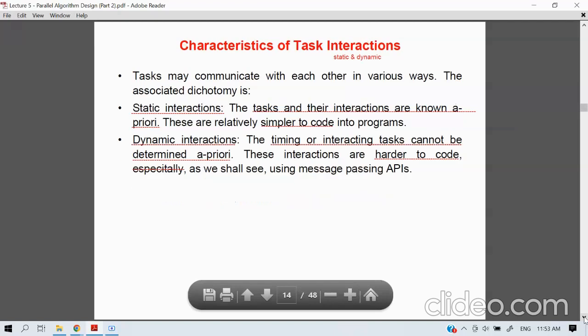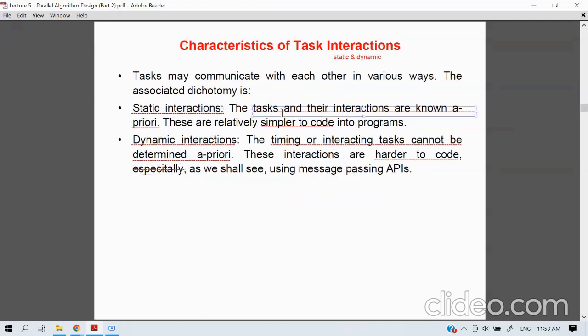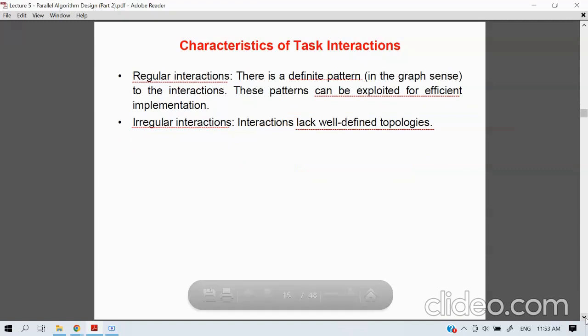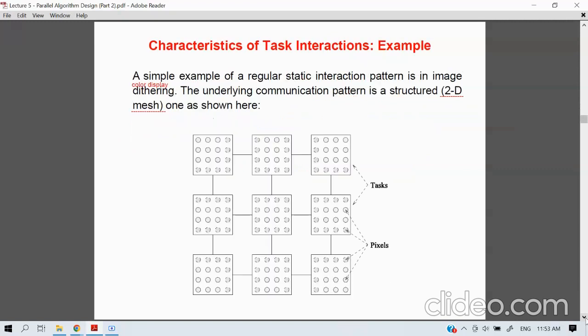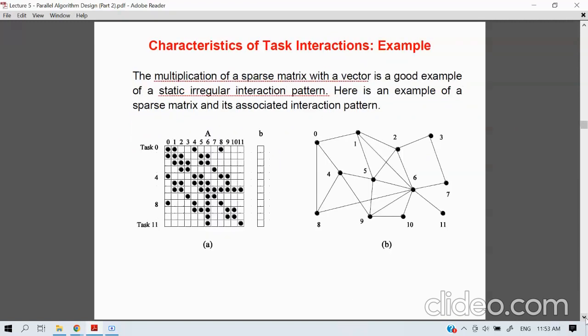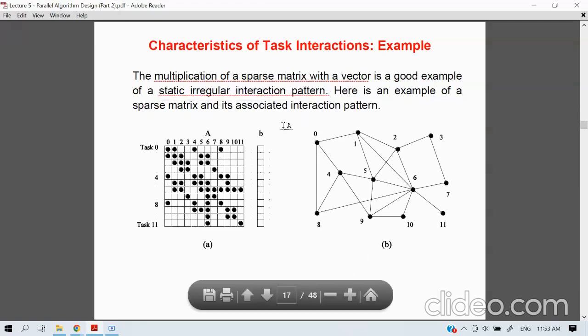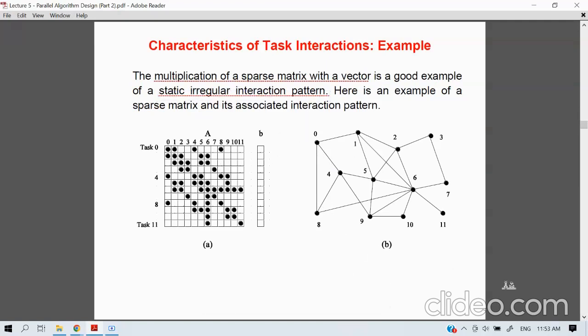What else have we learned? The interaction between the tasks, either static or dynamic. Interaction actually deals with read and write, if you still remember. Then we know the regular and irregular interaction patterns.